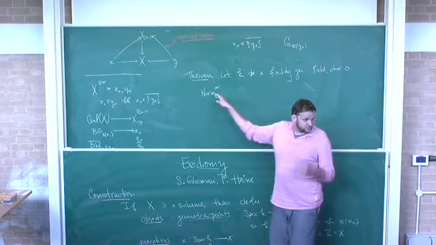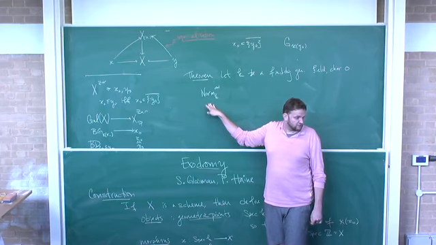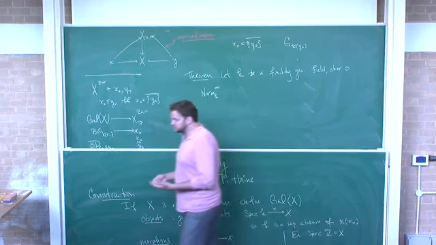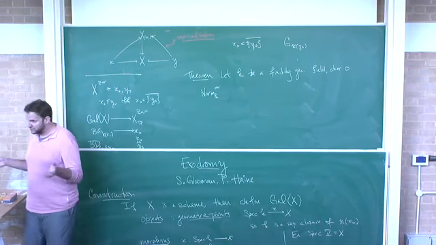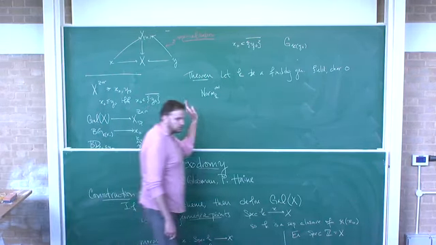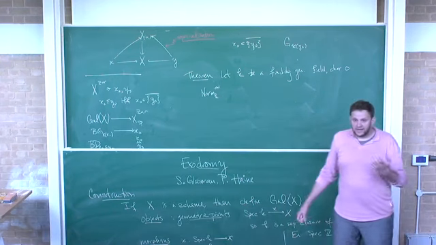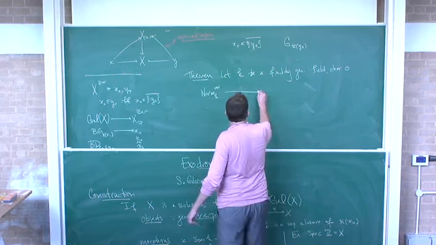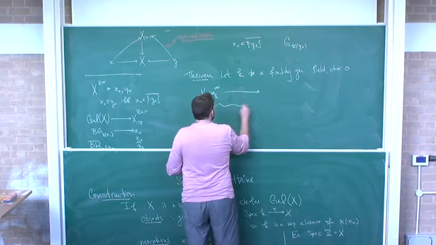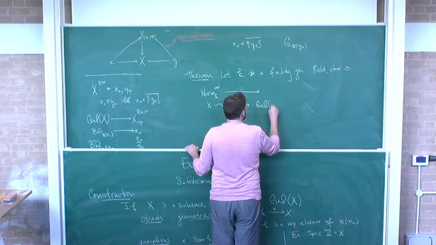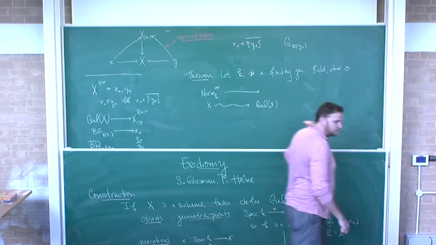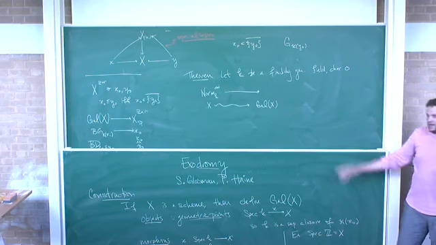I'm going to look at reduced schemes, so there's no nilpotence in my structure sheaf. That's important. We look at normal schemes, so I'm not allowing myself nodes or cusps or anything like that. These things need to be regular in codimension 1. And I'm going to look at the assignment that sends X to Gal X, this category which only has Galois theoretic data in it. And what is this?